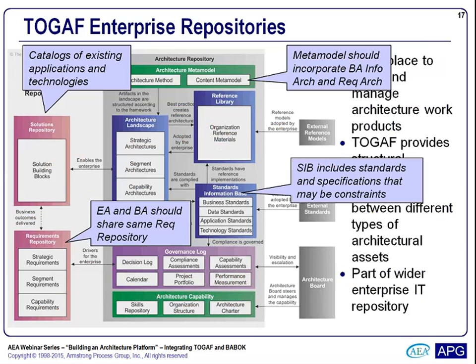Then when we get to the enterprise repositories in TOGAF, which again I really think of as being a conceptual model of a set of federated actual repositories within an enterprise, the meta model that's referenced up in the upper right certainly should incorporate some aspects of the business analysis information architecture and requirements architecture.